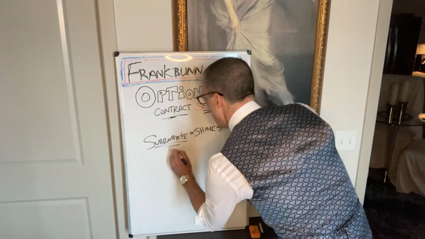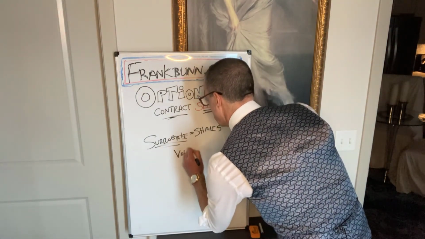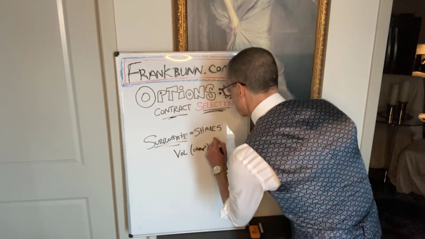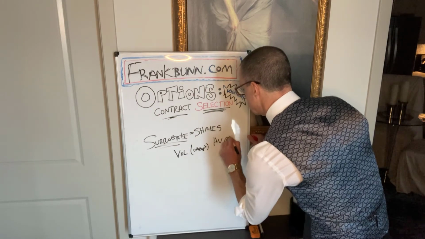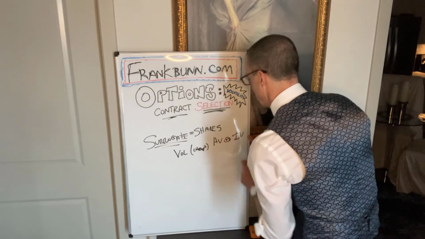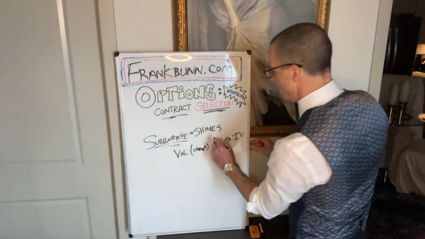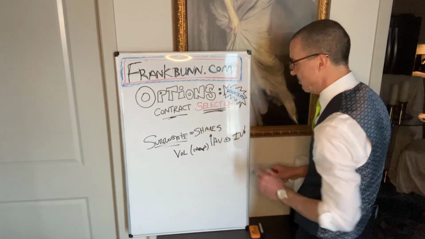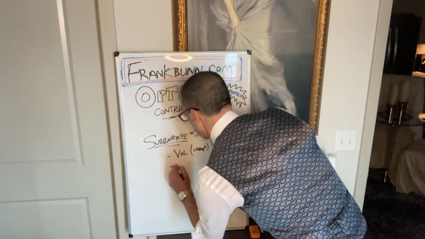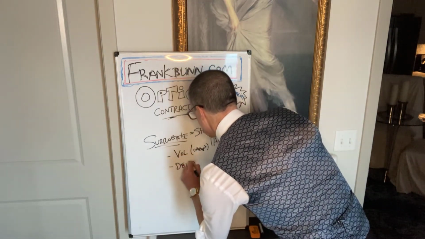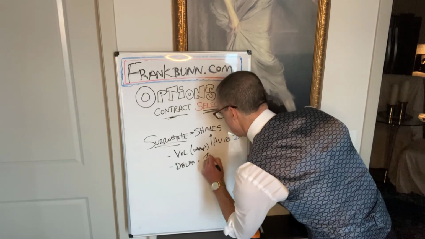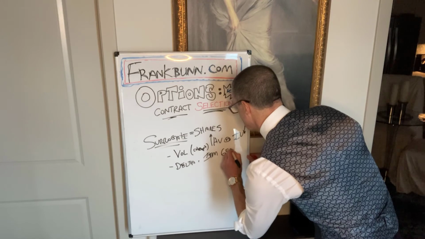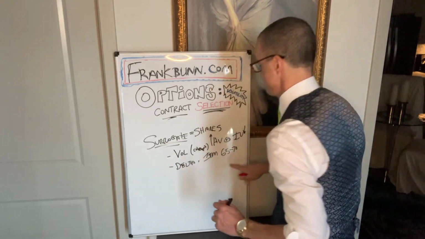In order to do that, we need cheap volatility, and that's historical volatility versus implied. So we want high historical volatility, low implied volatility. And then as far as our delta, we want a slightly in the money contract around 60, 65 or so.